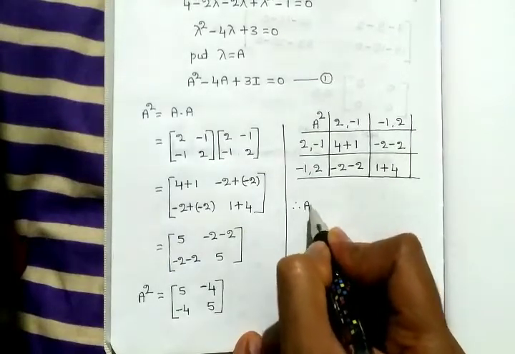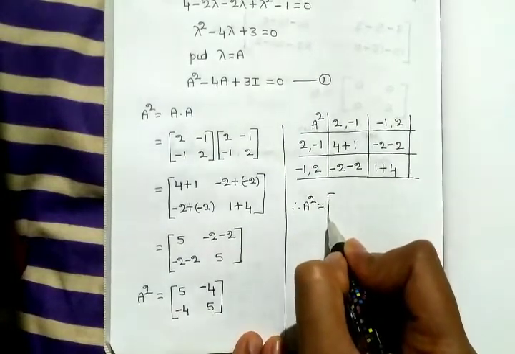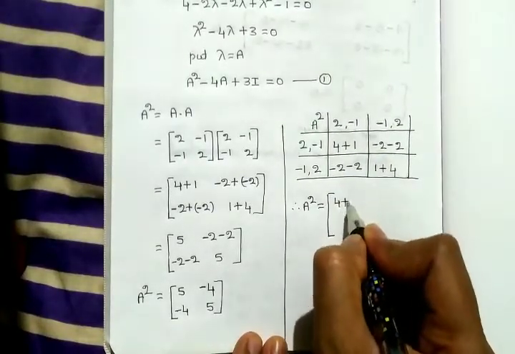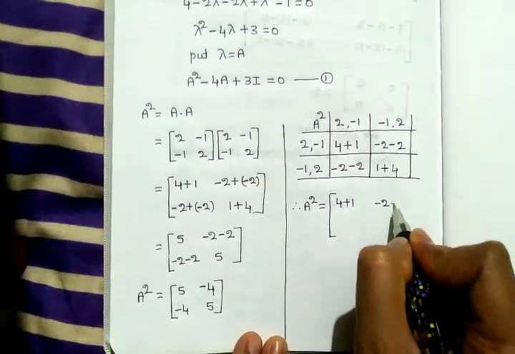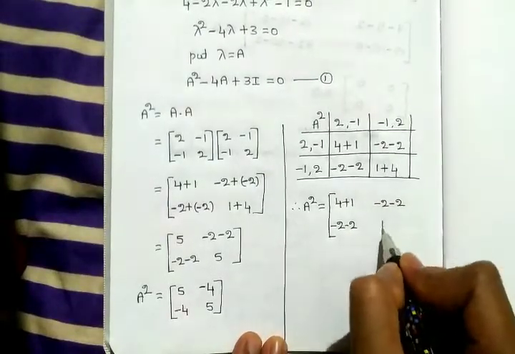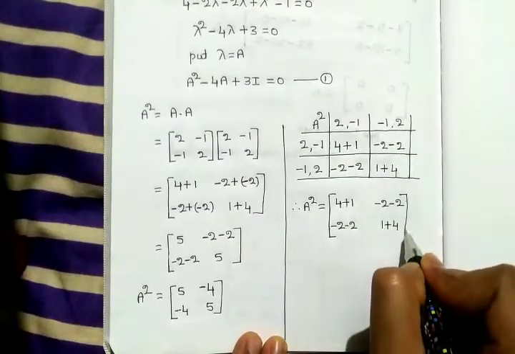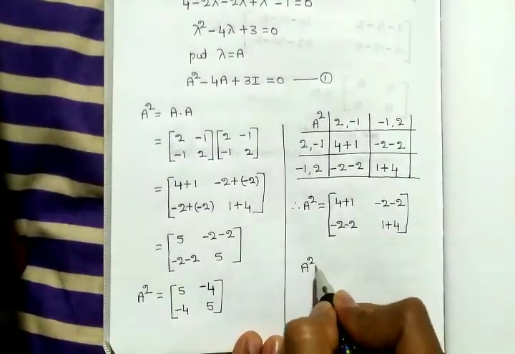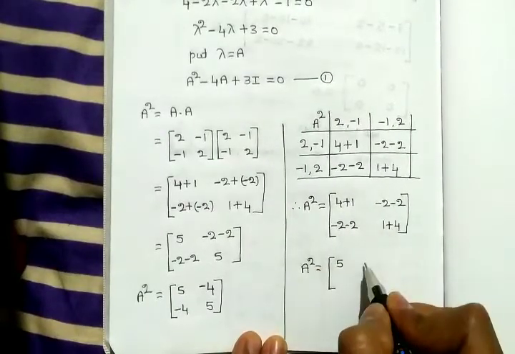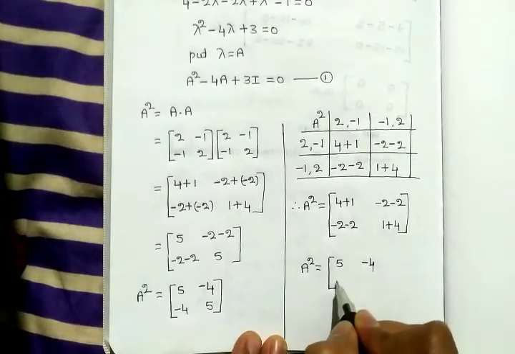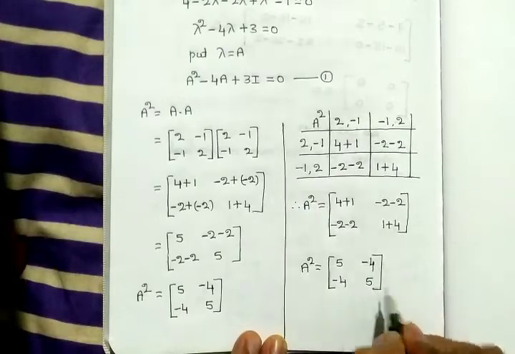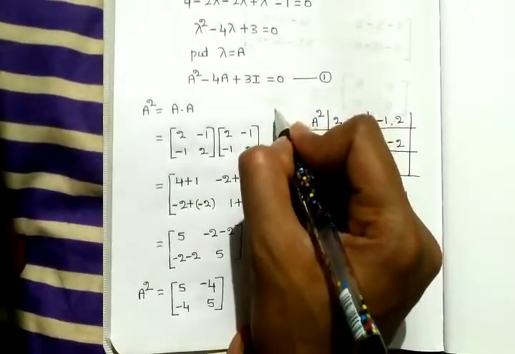Therefore, A square equals, in matrix form, all these values kept as they are: 4 plus 1, minus 2, minus 2, next minus 2, minus 2, next 1 plus 4. Finally, A square equals 4 plus 1, 5, here minus 4, here minus 4, and 1 plus 4 is 5. So any one method you can do.